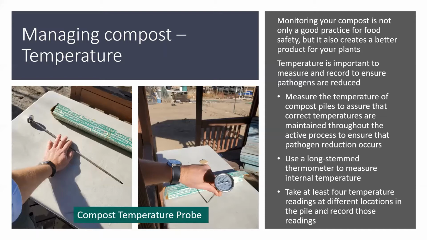So you're going to measure the temperature of compost piles to assure that the correct temperatures are maintained throughout the active process. You can use a long stem thermometer, as indicated in the slide here, to measure that internal temperature. And you'll want to take at least 4 temperature readings at different locations along the pile and record those readings. Next slide.